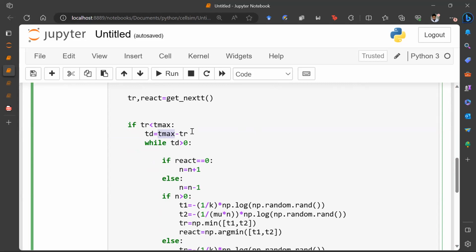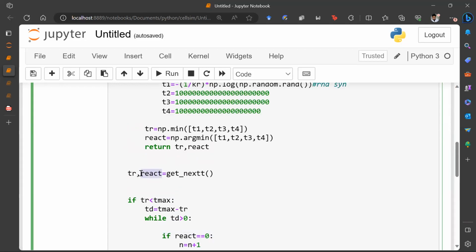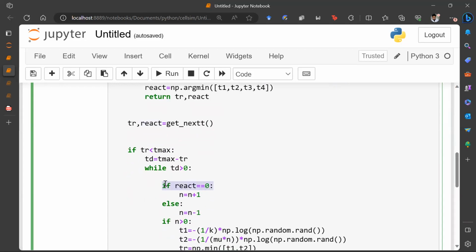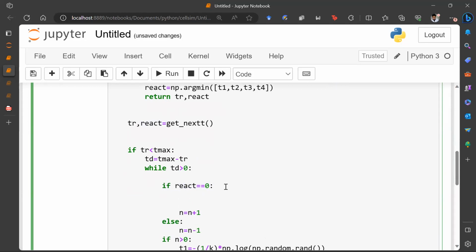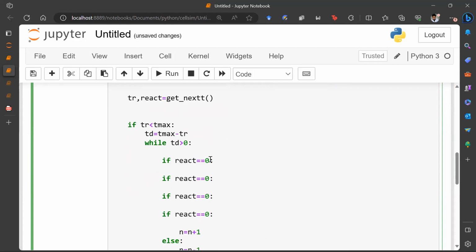or while Tmax is greater than my time to reaction, I check which kind of reaction is the one that I got here. And all of this, I think we checked in the previous session. You can check the video better. So we have different possible outcomes. The reaction is 0, the reaction is 1, or the reaction 2 or 3.